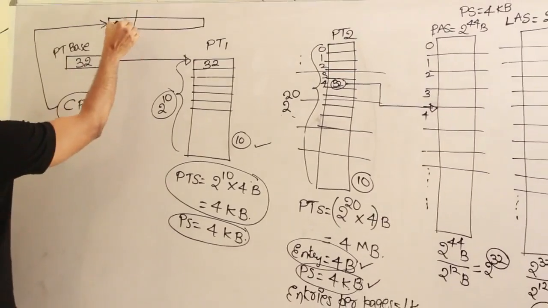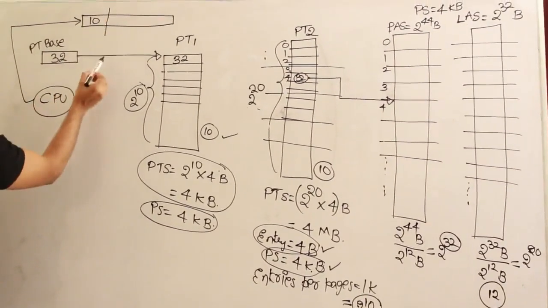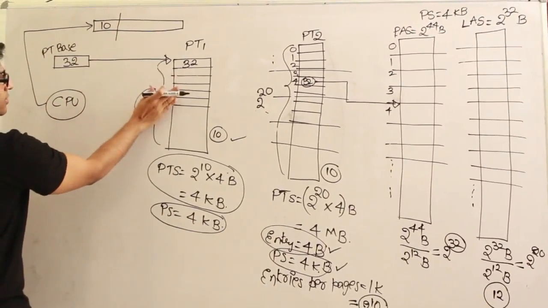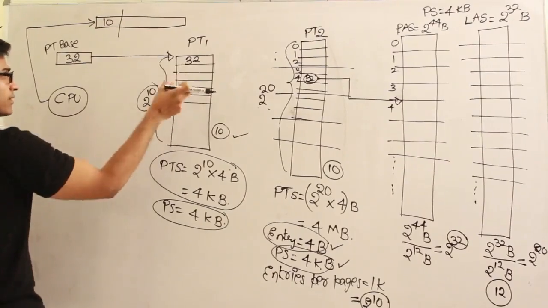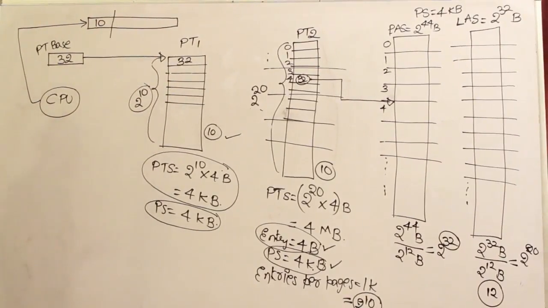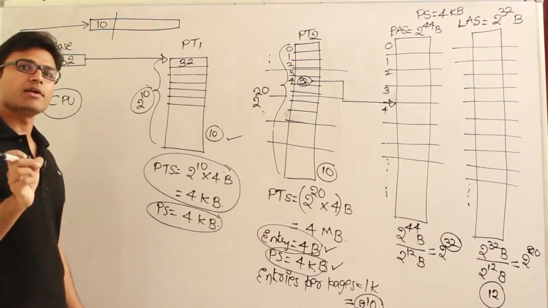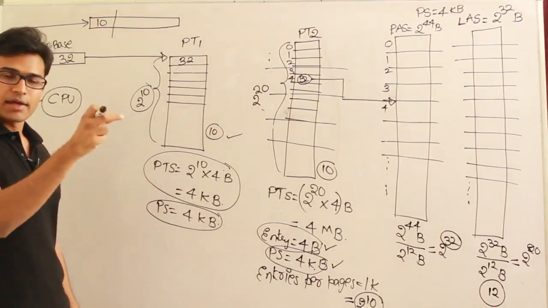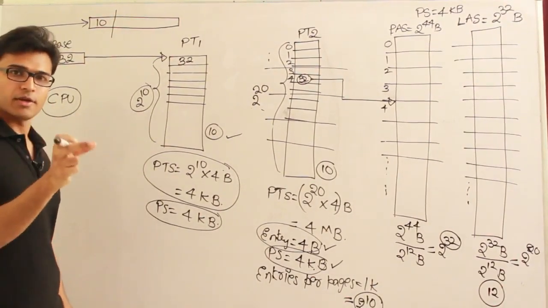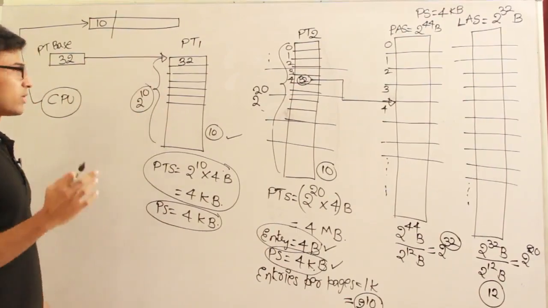Therefore the most significant 10 bits are used in order to get into the page table 1 and then get that particular entry, or that particular page number. Once I get into that particular page number, I can take that particular frame number, and again I'll go into the next one. Okay, watch it.